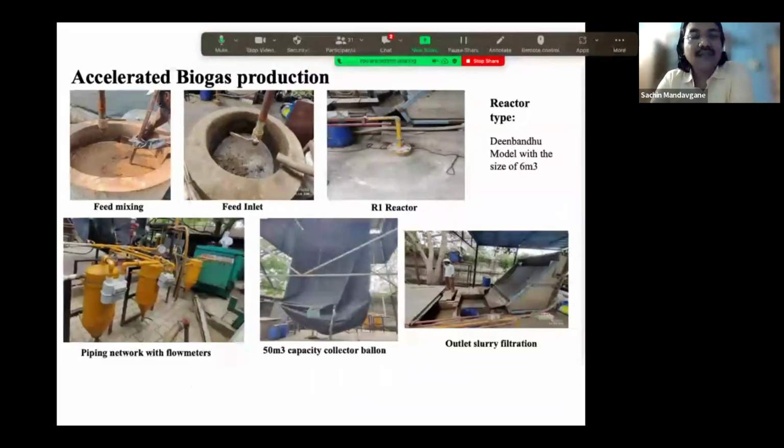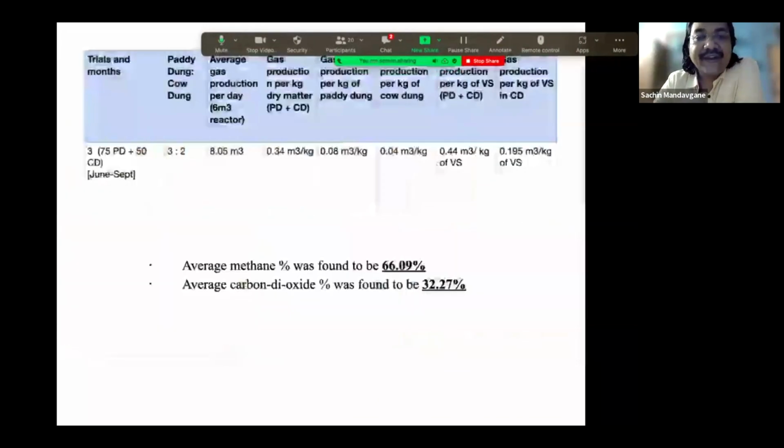It's not a scientific word, but paddy dung resembles cow dung very closely. When both are fed, we found that the methane content is not less than 65%, and the carbon dioxide content is not more than 35%.